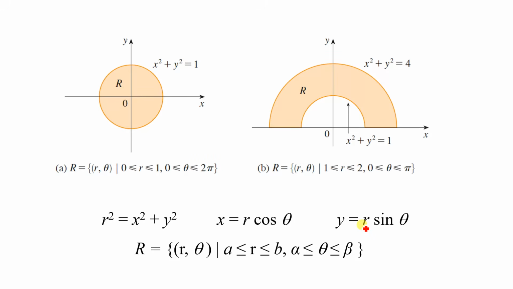These n subintervals would be [theta sub j minus 1, theta sub j], also of equal width, where the change of theta, delta theta, would be (beta minus alpha) over n.